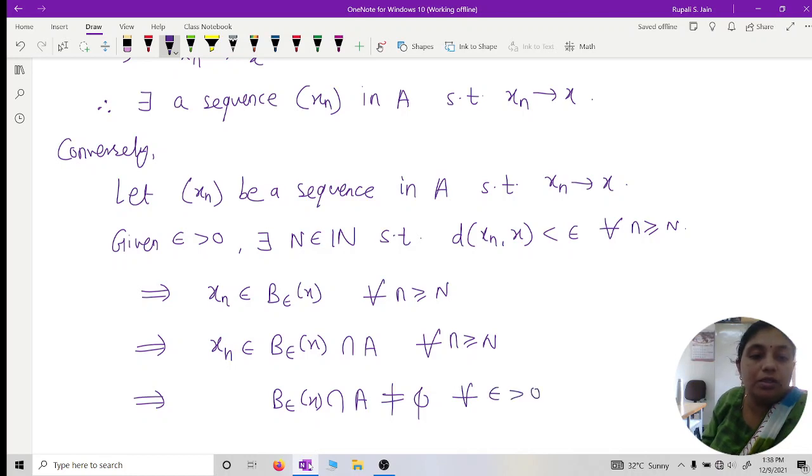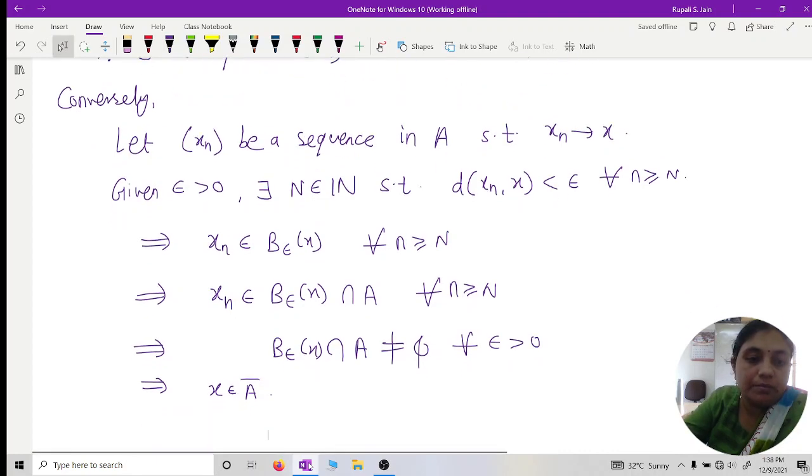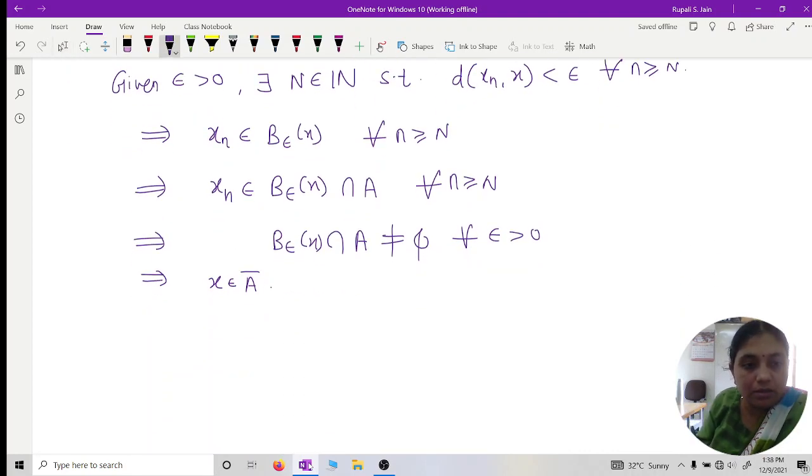So this implies X must belong to A closure, again by the theorem. Okay, so this completes our discussion of closed sets, interior points, and closure of a set, limit points as well as closure of a set. Thank you.